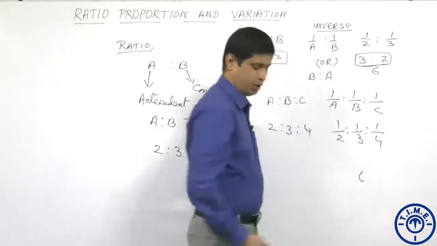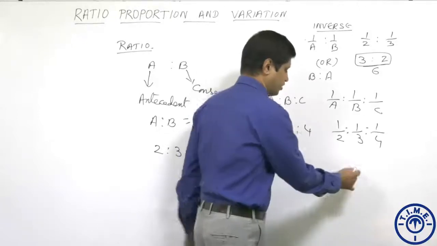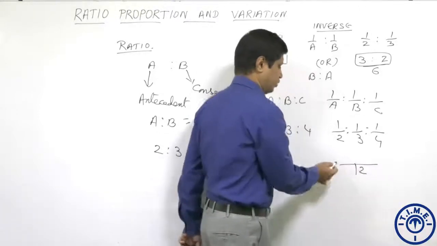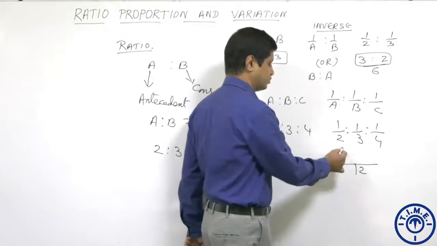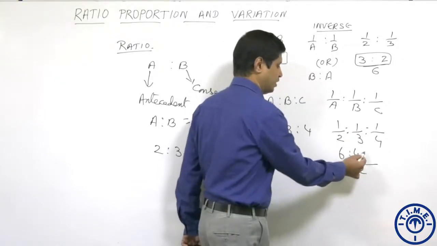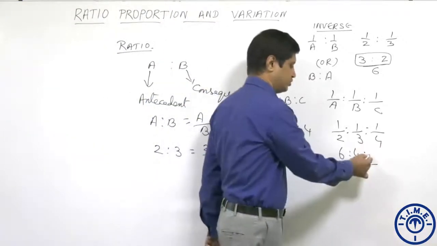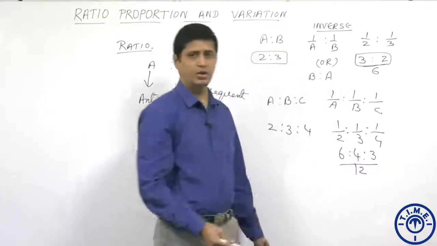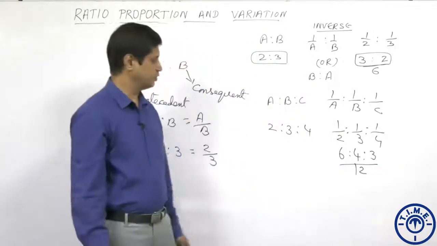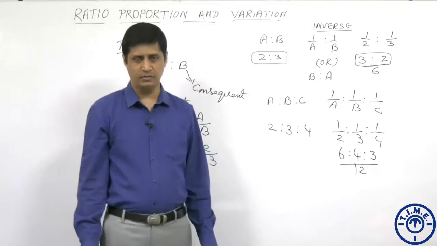The LCM of the denominators 2, 3, 4 is 12. 2 goes 6 times, so 6 times of the numerator. 3 goes 4 times, so 4 times of the numerator. And the last value 4 goes 3 times, so 3 times of the numerator. What is the inverse ratio of 2 is to 3 is to 4? It is 6 is to 4 is to 3.